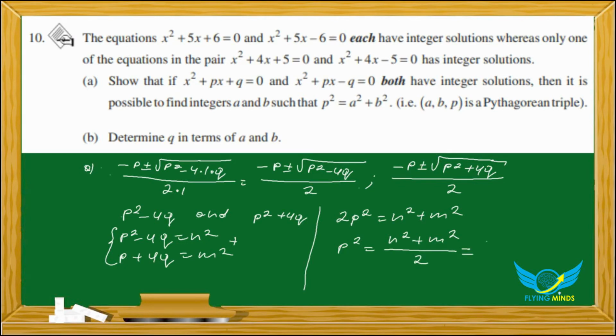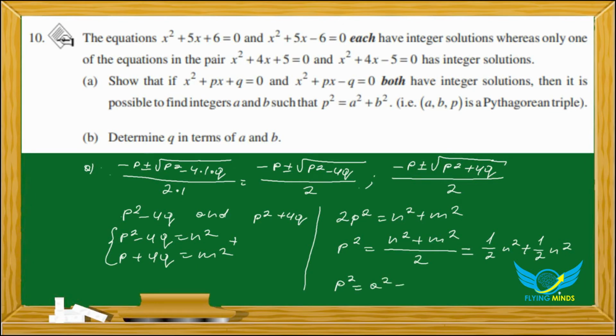Then we have p² = 1/2 n² + 1/2 m². But we want to make it look like a² + b², which is how the final answer is supposed to look.